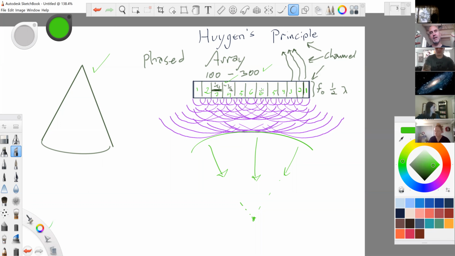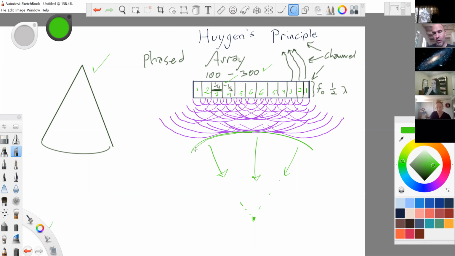They timed such that they went outside in. By timing it outside first, inside last, you've brought the focus closer to the transducer. You've created more of a curve here.